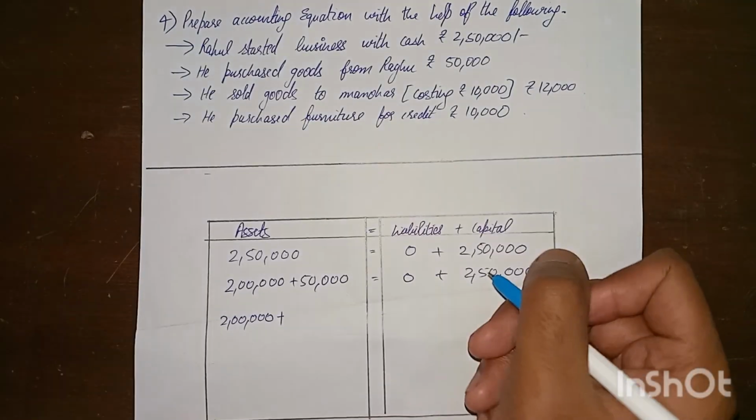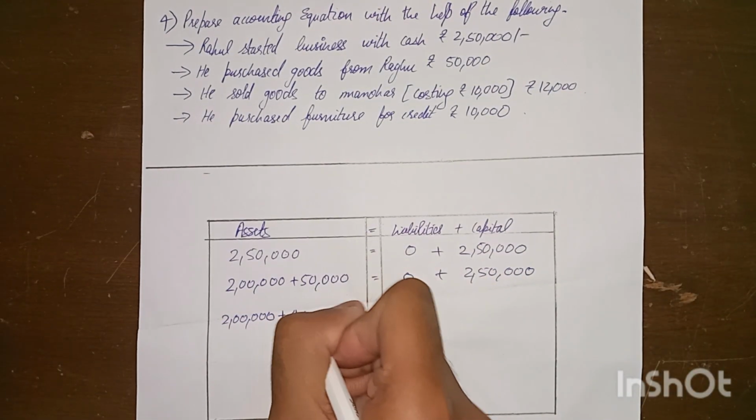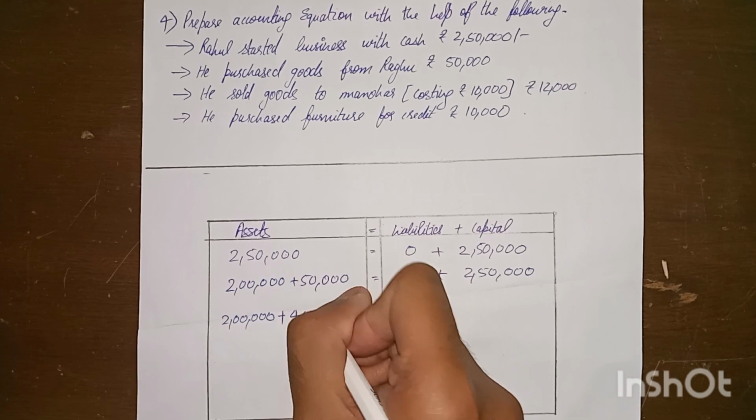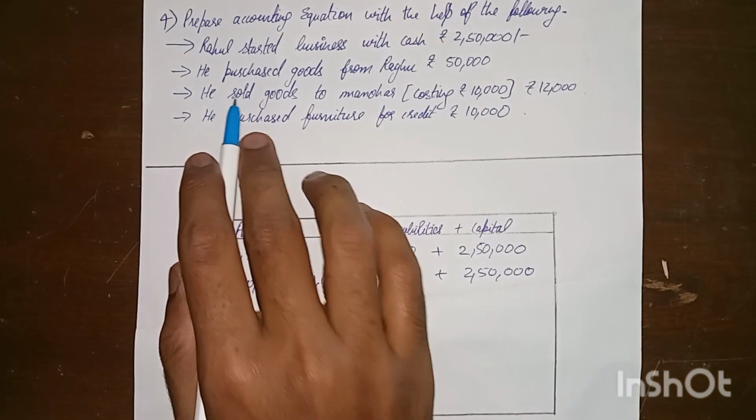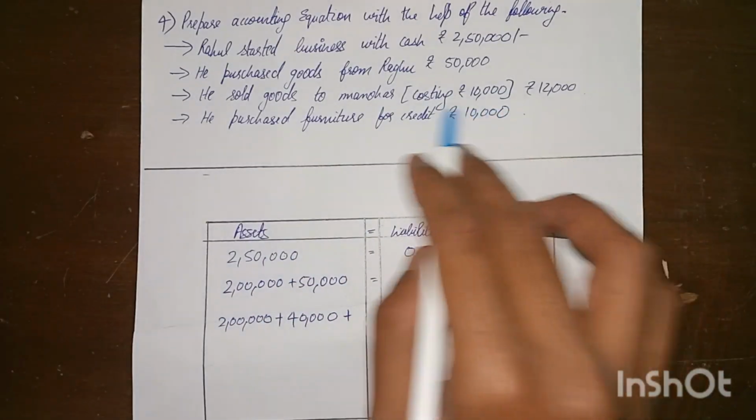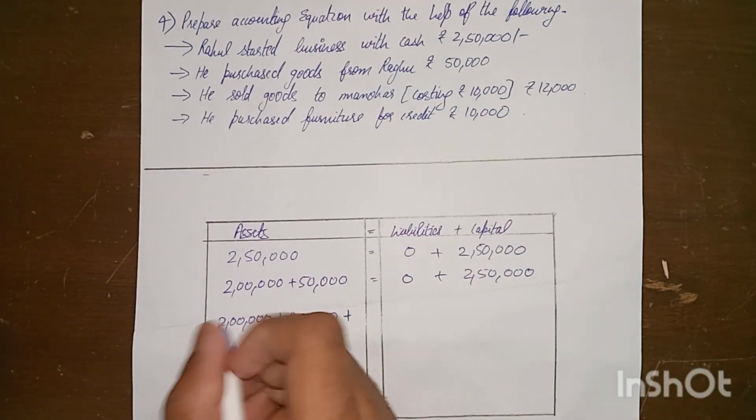We'll write here 40,000. Okay guys, now he sold goods to Manohar for 12,000. We'll write here 12,000.